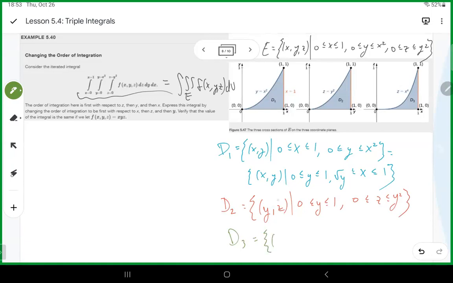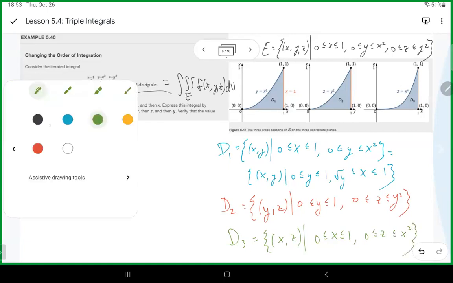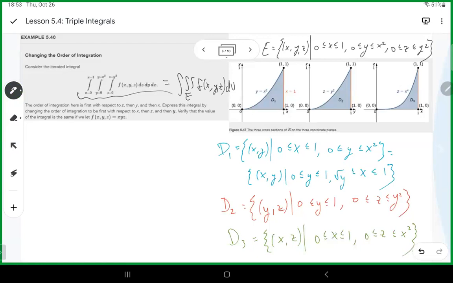The last one is XZ. Okay. All right, so that's as far as what you would need to do just to set up most of this problem.